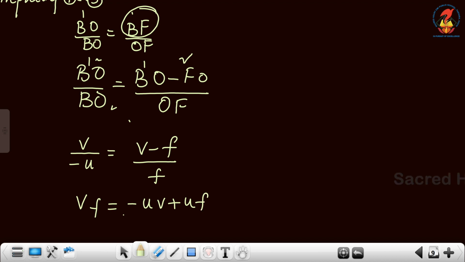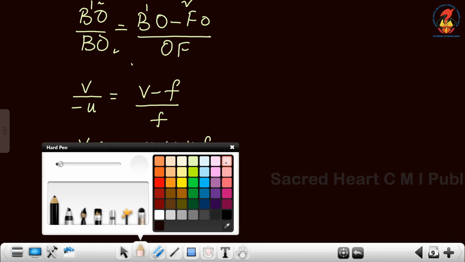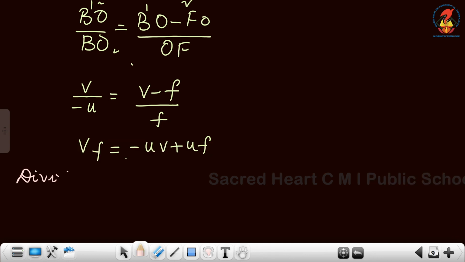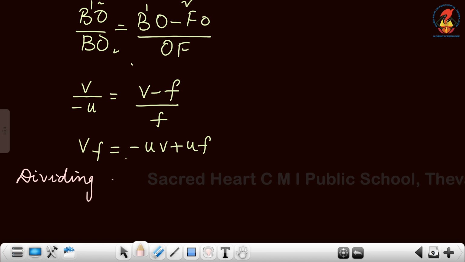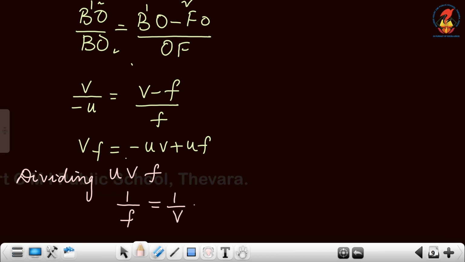Now dividing the equation throughout by U, V and F, and on rearranging we get 1 by F is equal to 1 by V minus 1 by U.